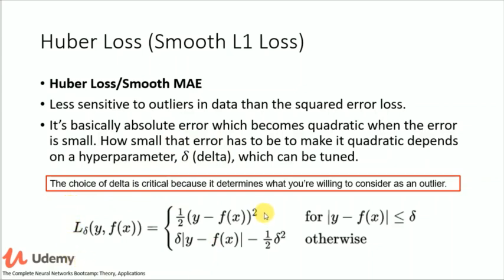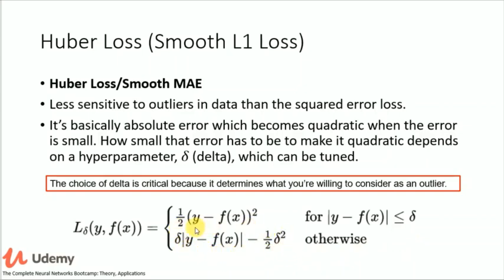The error here is y minus f(x), where y is the actual output and f(x) is your predicted output. When this error is smaller than the hyperparameter delta, and later we're going to see the effect of tuning this delta, we use the MSE loss because we've approached 0. But when it's bigger than delta, we switch to the MAE. So this is the MAE loss.